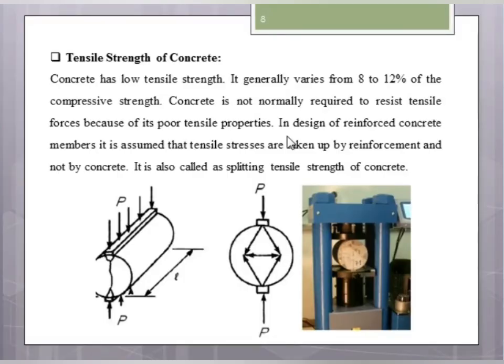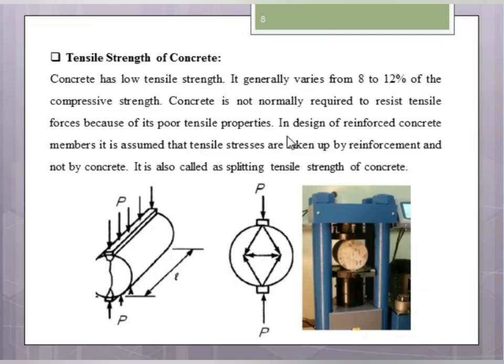In design, that's why we place reinforcement in our structural elements, whether it is a beam, column, slab or foundation. In every element, along with the concrete we use reinforcement. Reinforcement will take the tensile stresses and concrete will take the compressive stresses.